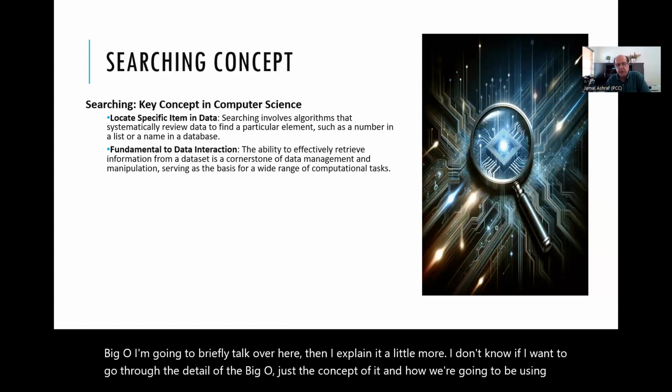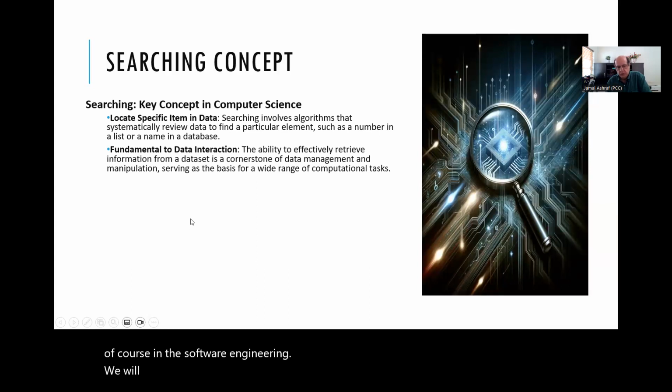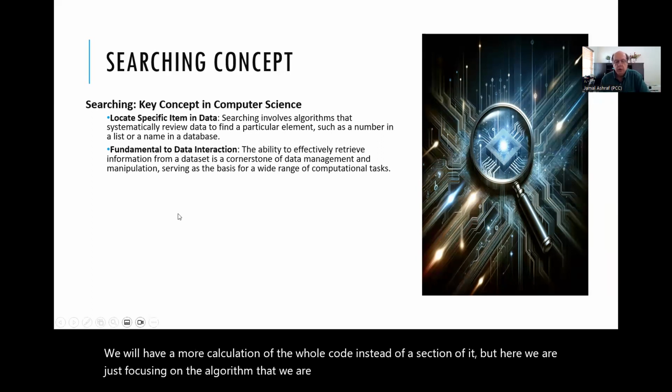Of course, in software engineering, we will have more calculation of the whole code instead of a section of it. But here we are just focusing on the algorithm that we are using, whether it is efficient, and when we should use one over the other.